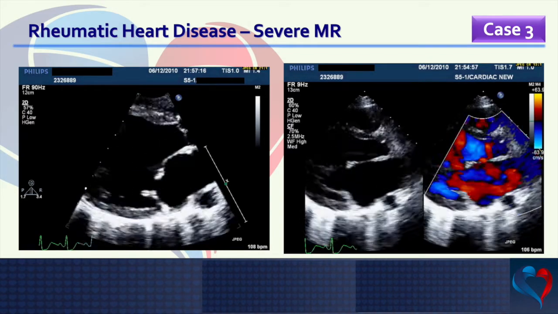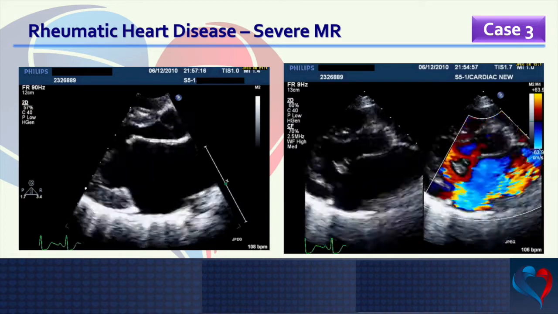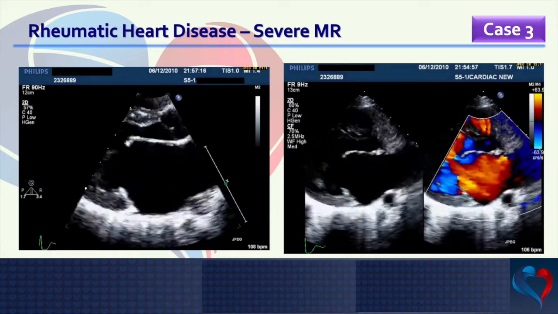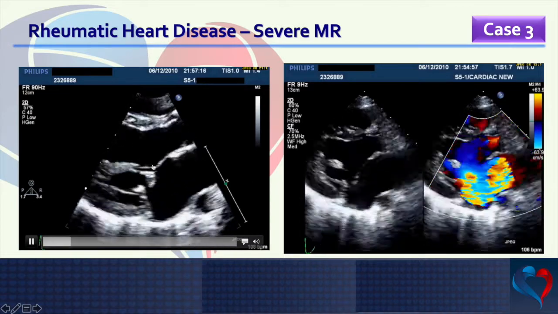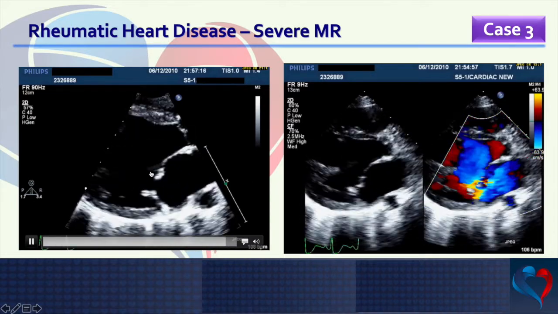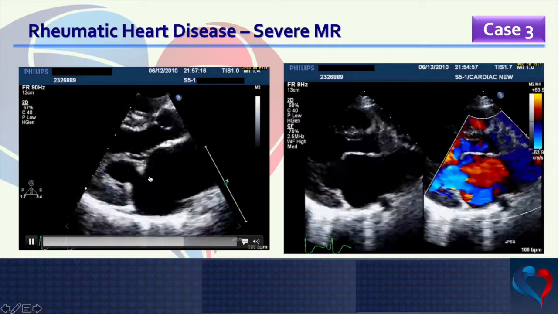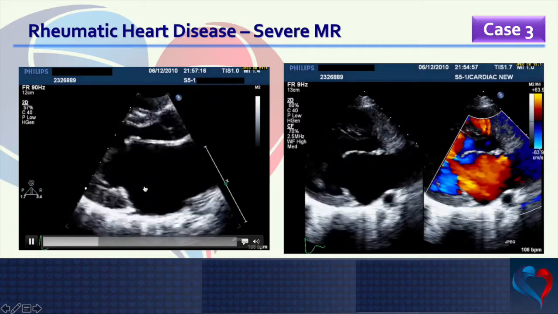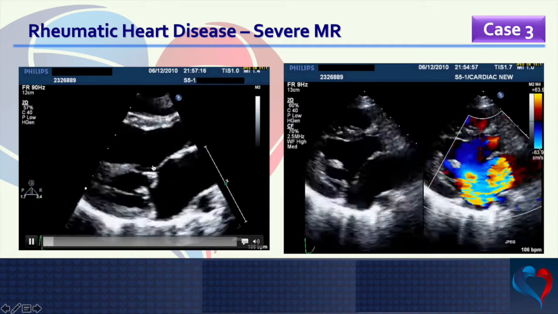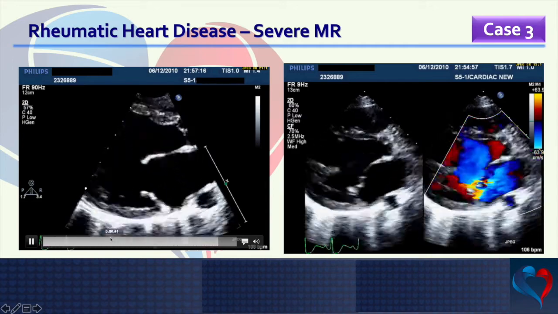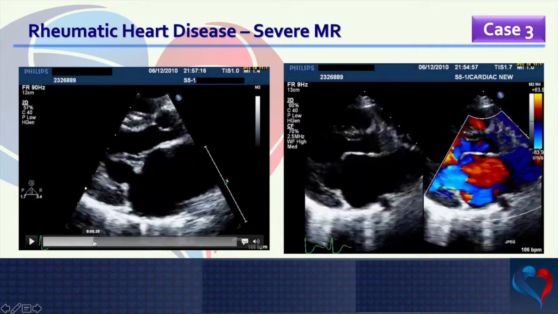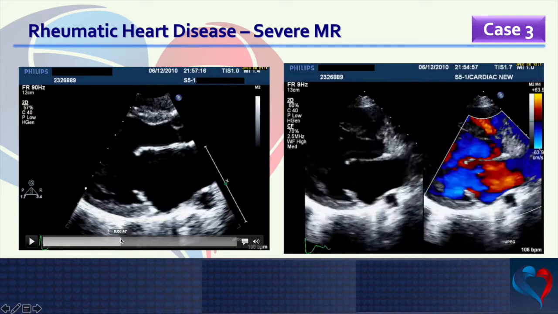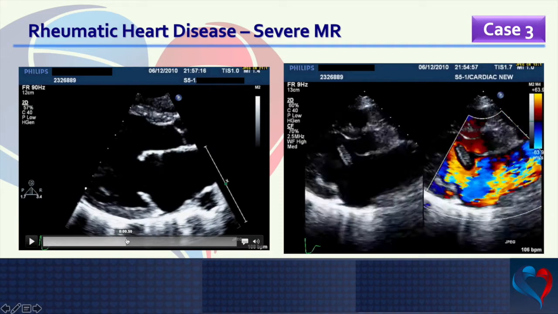This is one patient with rheumatic heart disease, and the patient presented with severe mitral valve regurgitation. This is the parasternal long axis view showing that the anterior mitral valve leaflet does not coapt with the posterior mitral valve leaflet. In addition, there is thickening of the leaflet, and there is a hockey stick appearance of the anterior mitral valve leaflet.